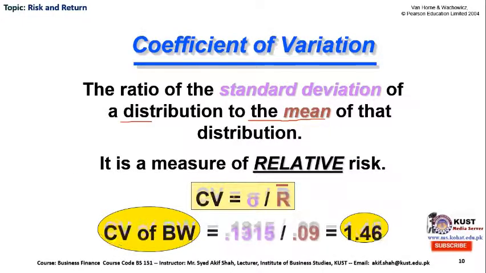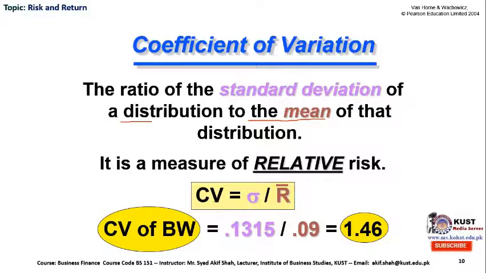And how to calculate it? Mathematically, we can write coefficient of variation is equal to standard deviation divided by the expected return. In our previous example, the standard deviation was 0.1315. You need to divide it by the expected return of the same stock, which was 0.09, and the resultant coefficient of variation for Basket Wonder share is 1.46.